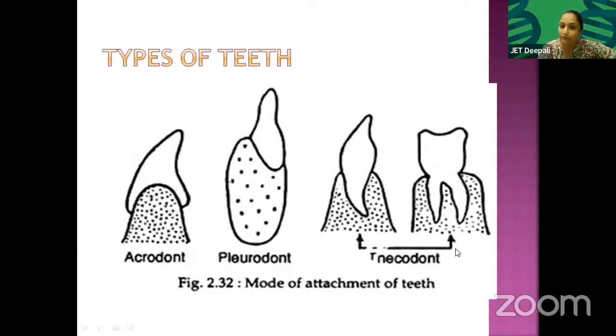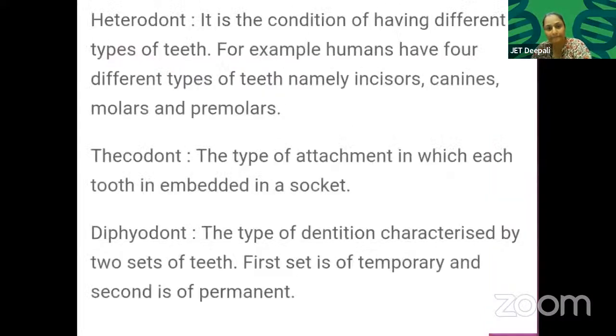We normally have thecodont kind of teeth. Acrodont and pleurodont teeth are found normally in reptiles because they need to eat something. They need sharp-edged teeth, they all need canine teeth. This division is on the basis of the mode of attachment of teeth with the jaw.